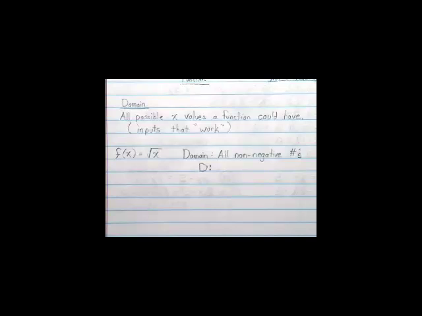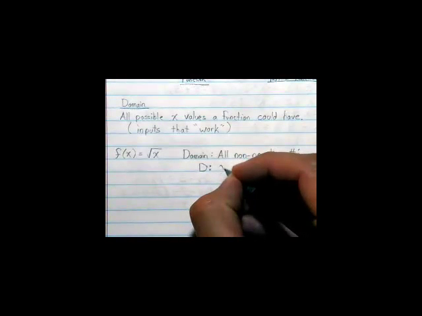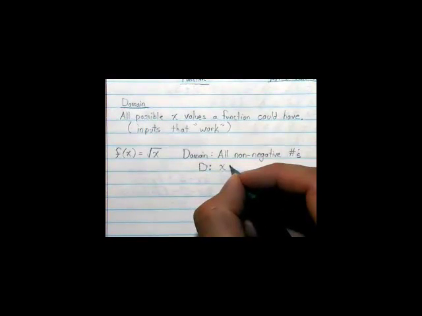So the domain is x greater than or equal to 0. Does that not describe the same thing? Any number greater than or equal to 0 is non-negative, right? Yeah, so we can do it like that.